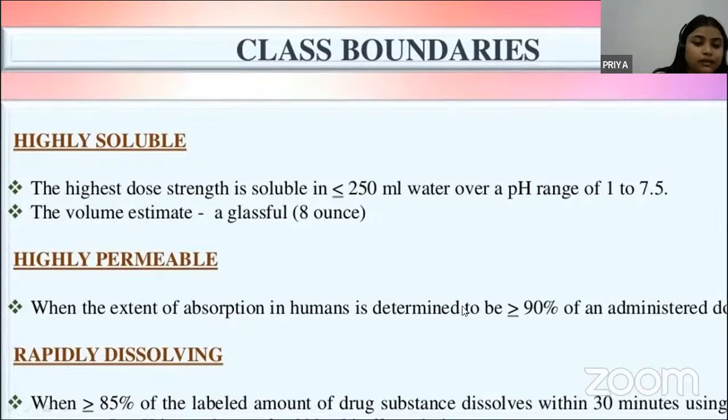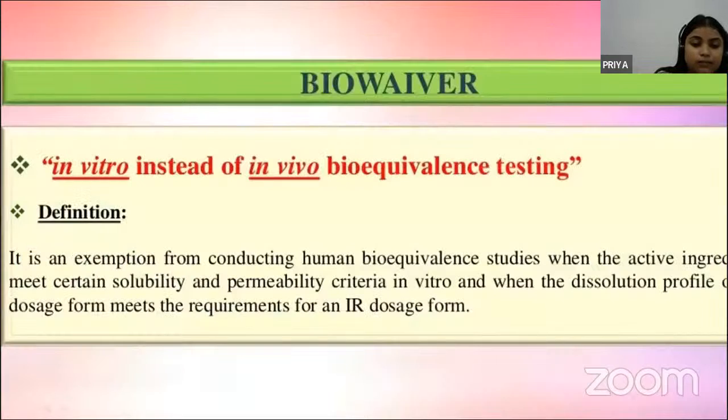High permeability is the term used when the extent of absorption in humans is determined to be more than 90% when it is administered. Rapid dissolution is the term used when 85% or more of the labeled amount of drug substance dissolves within 30 minutes using any solvent.